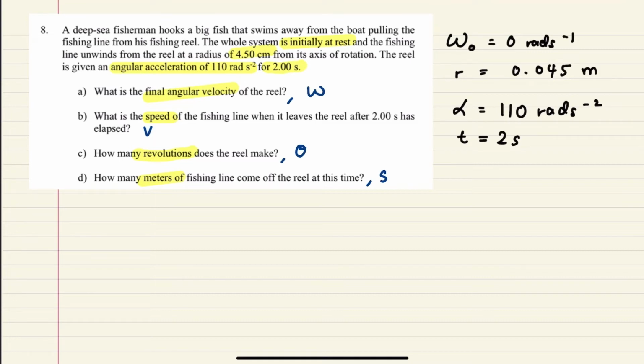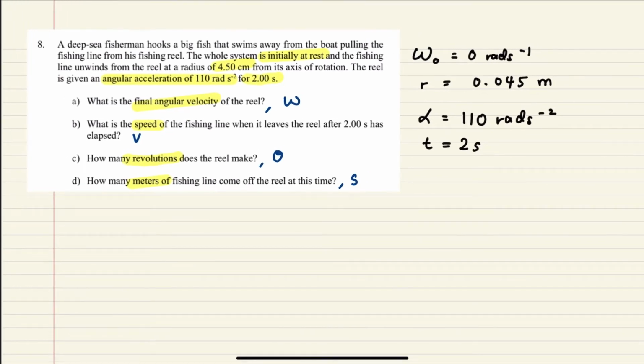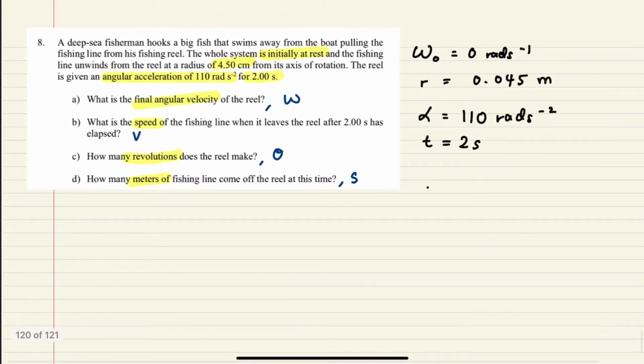So you want to solve this one. You are given omega naught, you are given alpha. Most likely you have to use those four equations. Previously you had v equals u plus at. Now you have omega equals omega naught plus alpha t.